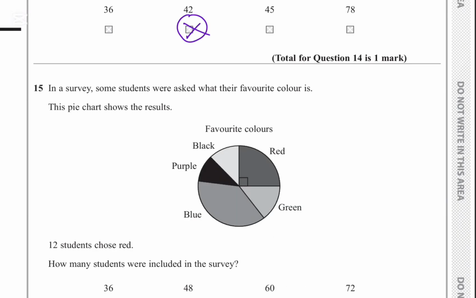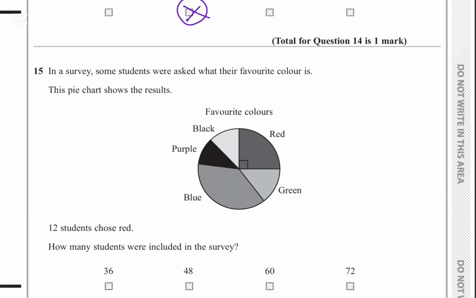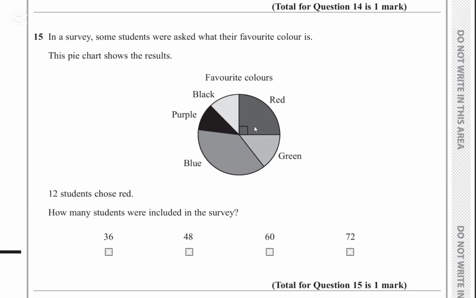Next. Now this one is a little bit interesting, and it's very repetitive in past papers. In a survey, some students were asked what their favorite color is, and this pie chart shows the results. The interesting thing is the red. The red here indicates 90 degrees. When you see 90 degrees, it's a quarter, or the total number divided by 4.